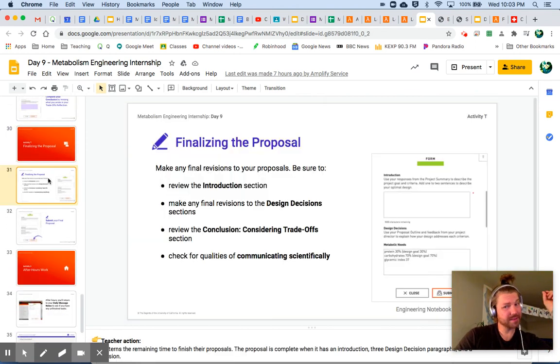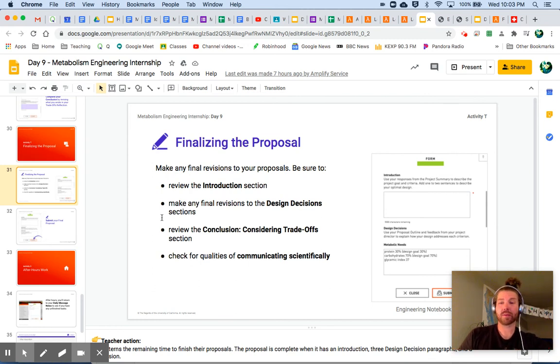And then finalizing the proposal: one last go through of your entire proposal, review, make any final revisions, and just make sure it reads like a proposal. If you're trying to sell this bar to somebody and this is what they had, would they be convinced?